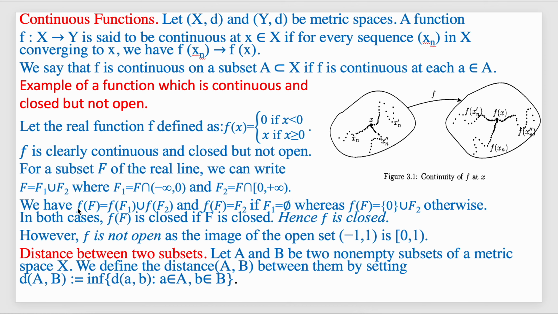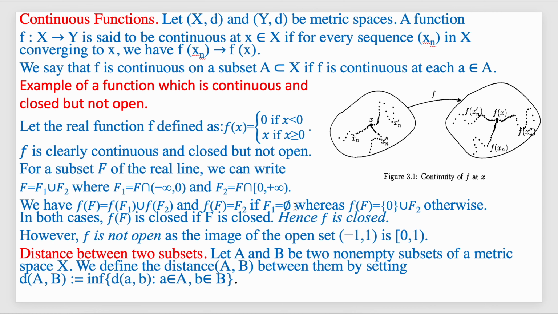And we can write f of F as f of F1 union f of F2, where f of F is equal to f of F2 if F1 is empty. If F1 is empty, then f of F1 is also empty. So f of F2 is x greater than or equal to 0, means F intersection 0 to infinity, whereas f of F is equal to the singleton set 0 union F2 otherwise.